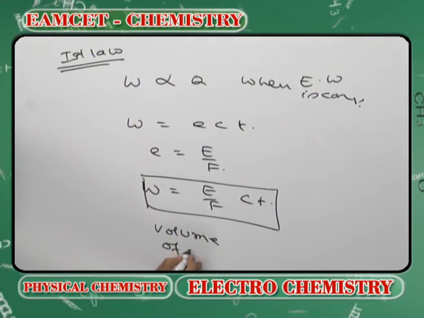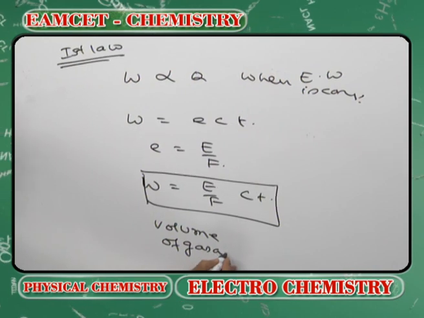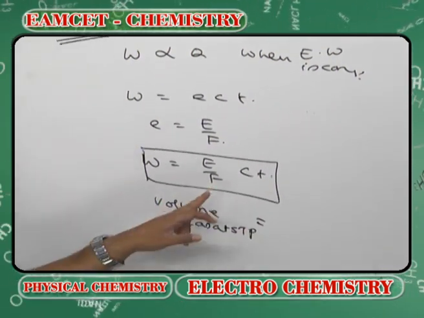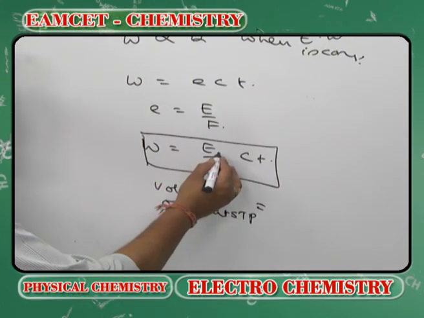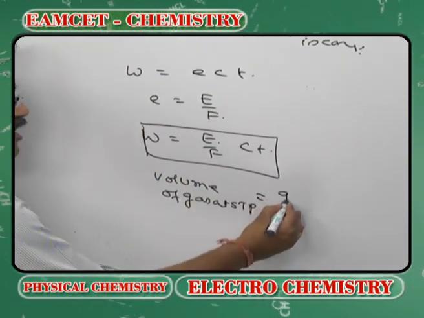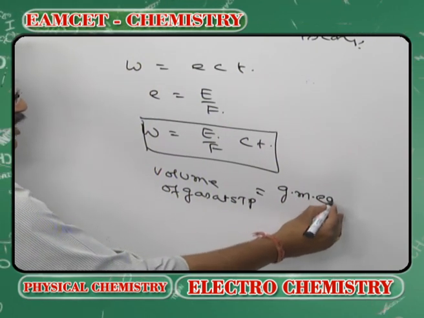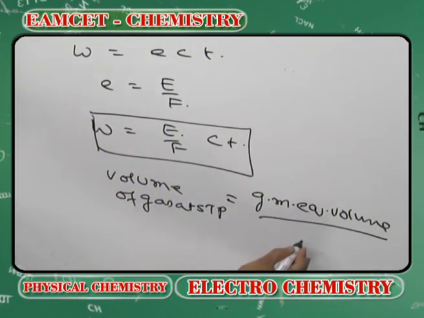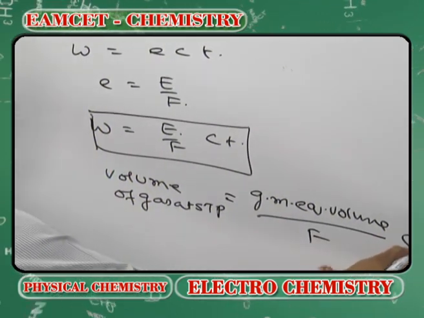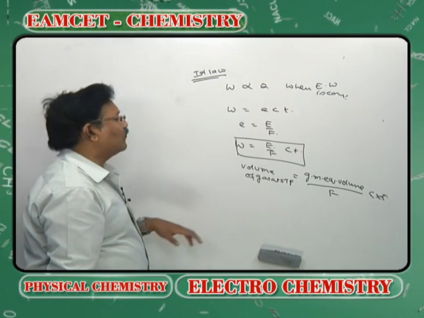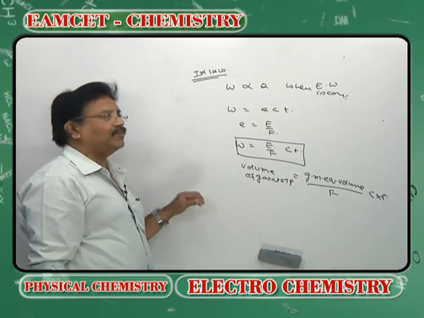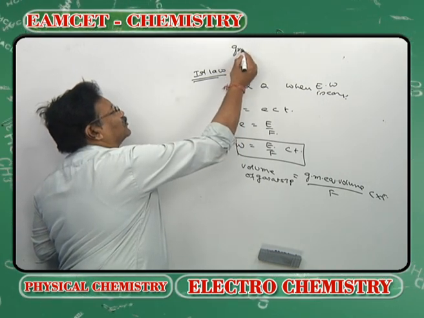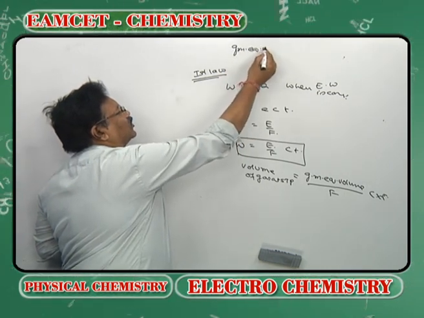Volume of the gas at STP is equal to, instead of equivalent weight, we will take gram equivalent volume, gram equivalent volume by F into C into T. Now, what is meant by gram equivalent volume? How do you get gram equivalent volume?